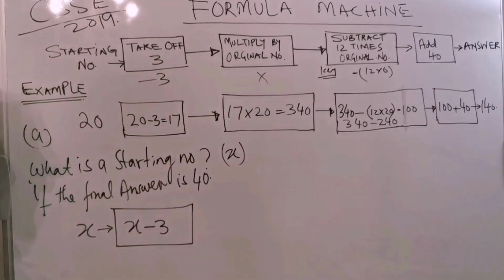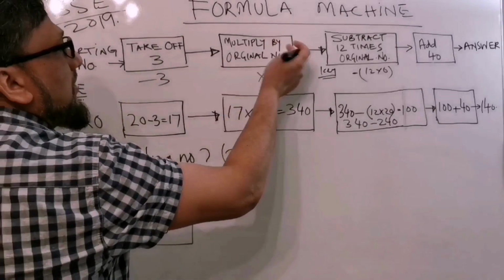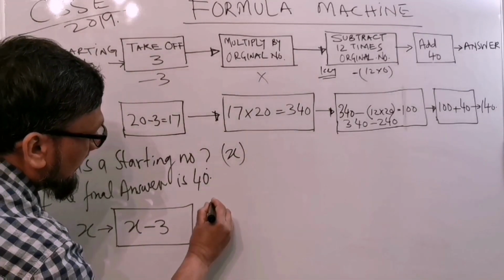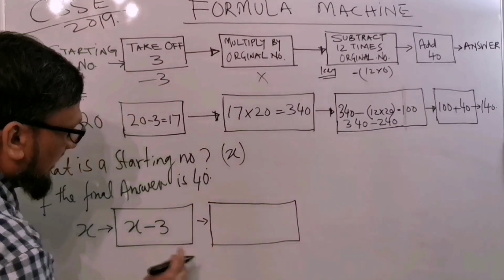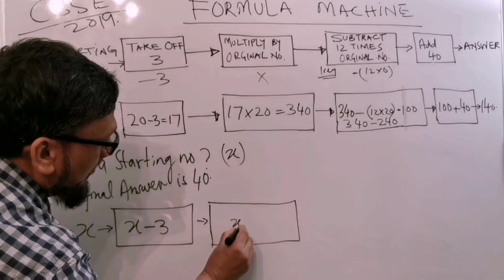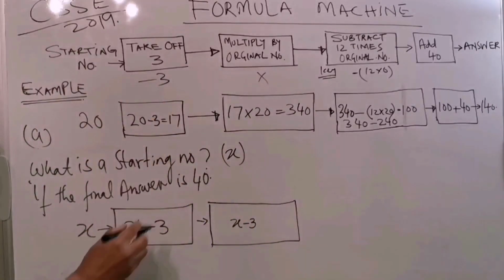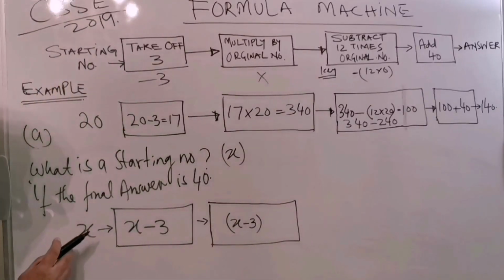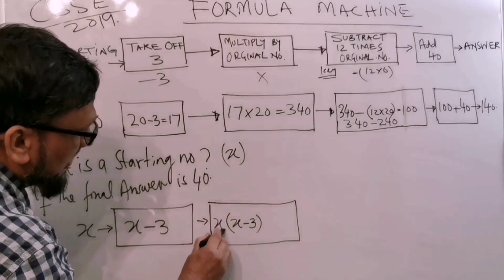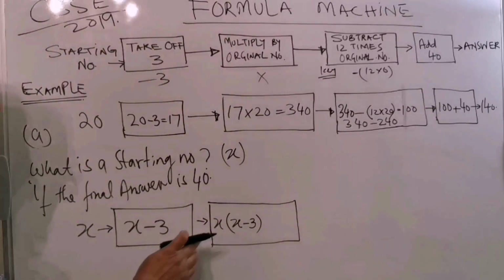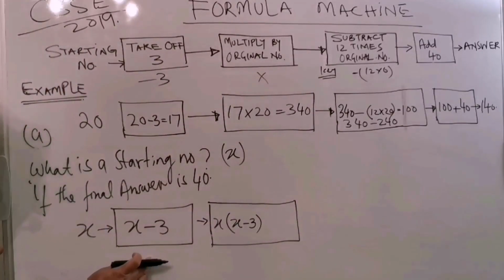In the second step it says multiply by original number. So the answer is x minus 3, and we multiply by the original number, which is x.